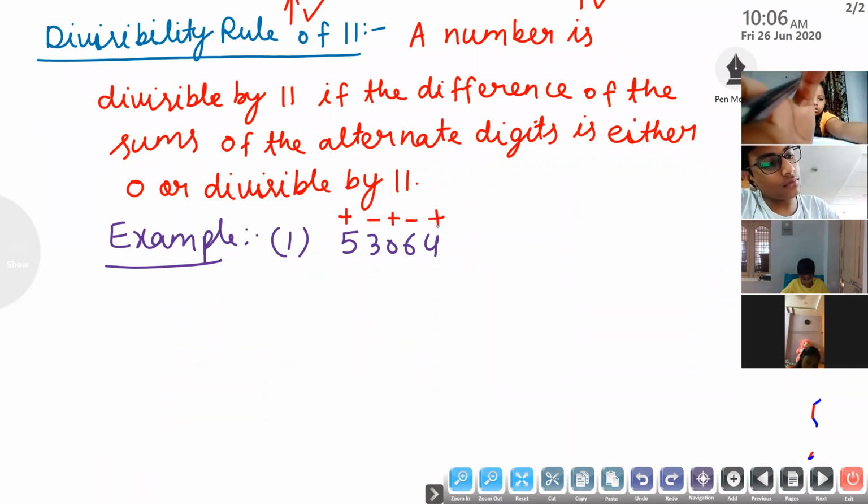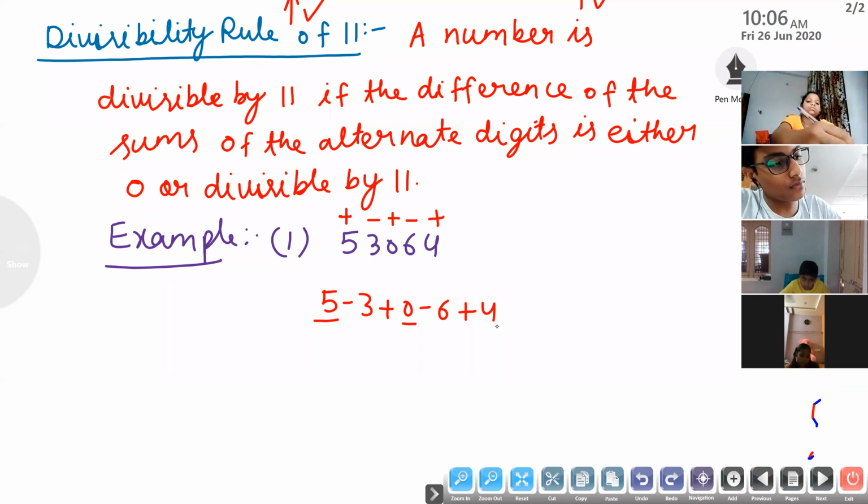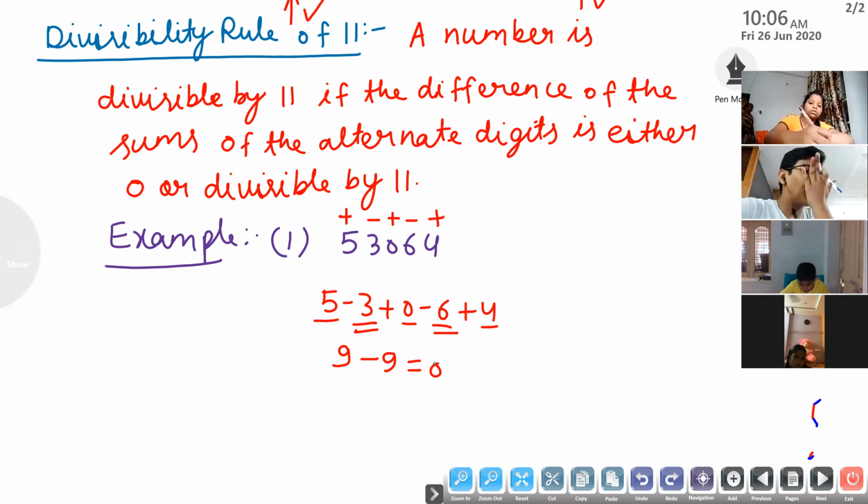Plus 5, minus 3, plus 0, minus 6, plus 4. Plus 5, plus 0, plus 4. 5 plus 0, 5. 5 plus 4, 9. Minus 3, minus 6, minus 9. 9 minus 9 is equal to 0. I have given a clear concept: if the difference of the sums of the alternate digits is either 0 or divisible by 11, then we can say the given number is divisible by 11. Is this answer yes or no? Yes.